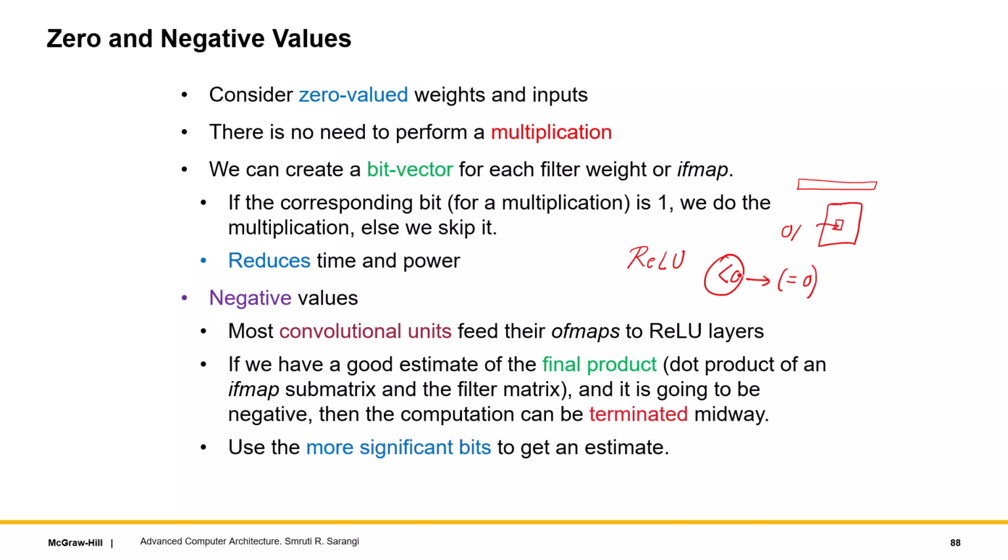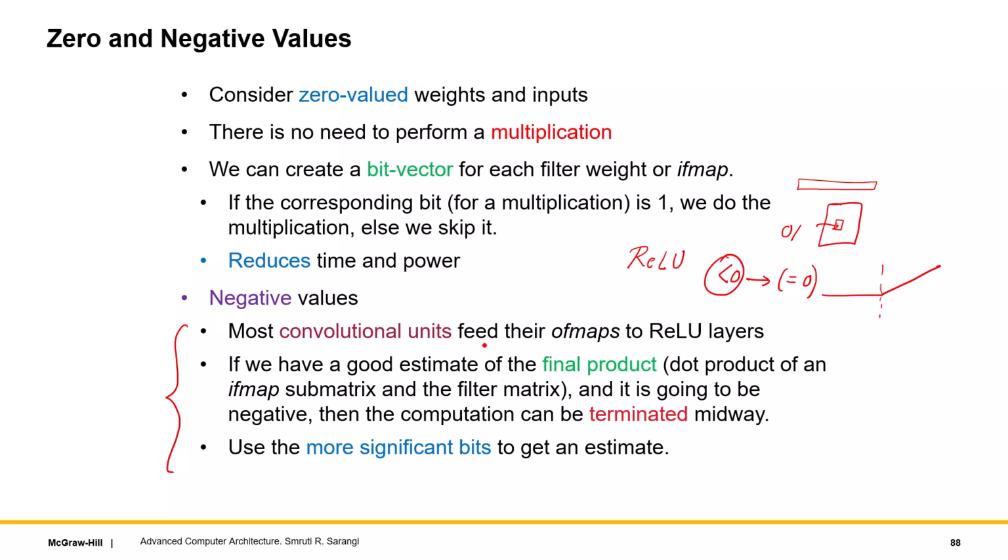That is why we have a fair amount of sparsity in the IF maps and OF maps. IF map values and filter values can be negative, so we will produce negative values, and that is exactly what ReLU cuts out and creates the sparsity. If you look at the ReLU function, it's like this and like this, where this is the origin.